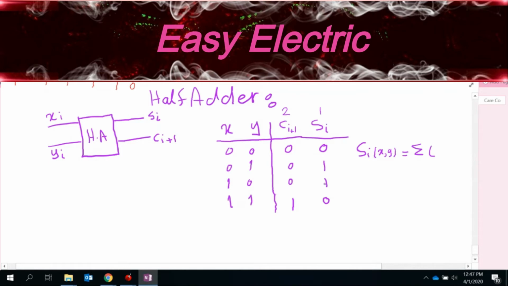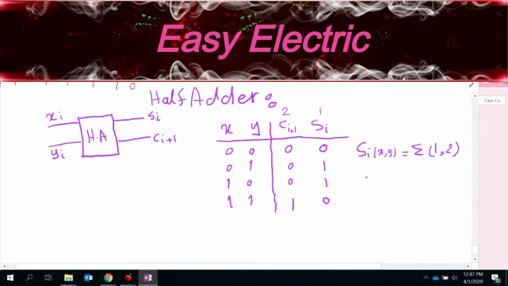Si is 1 here and here. It should be minterms 1 and 2, definitely. That's the standard form.